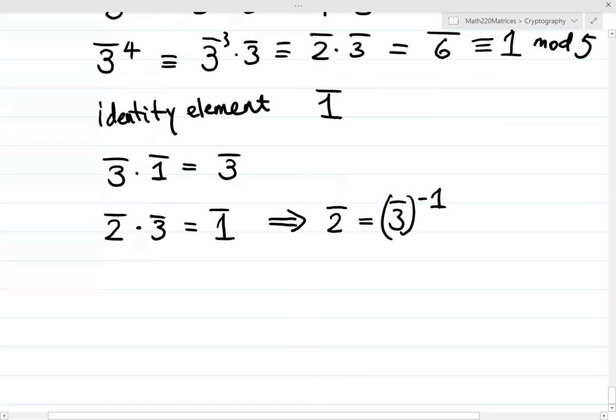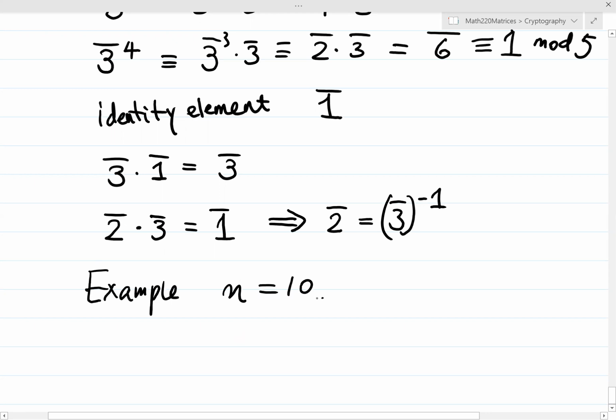Now, what happens if we have a composite number, mod 10, for instance? Example: n is 10.